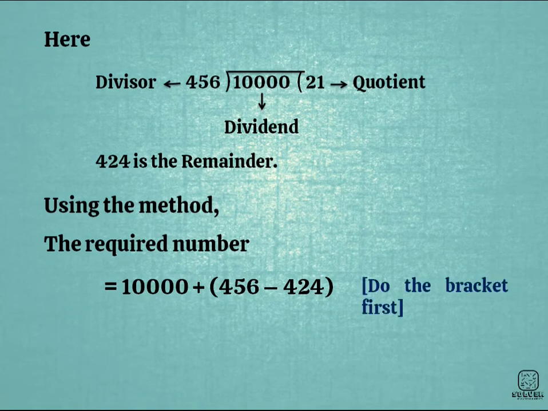Now here we need to do the bracket first. So 456 minus 424 is 32. 10,000 plus 32 is 10,032. So 10,032 is the least 5-digit number which can be divided by 456.